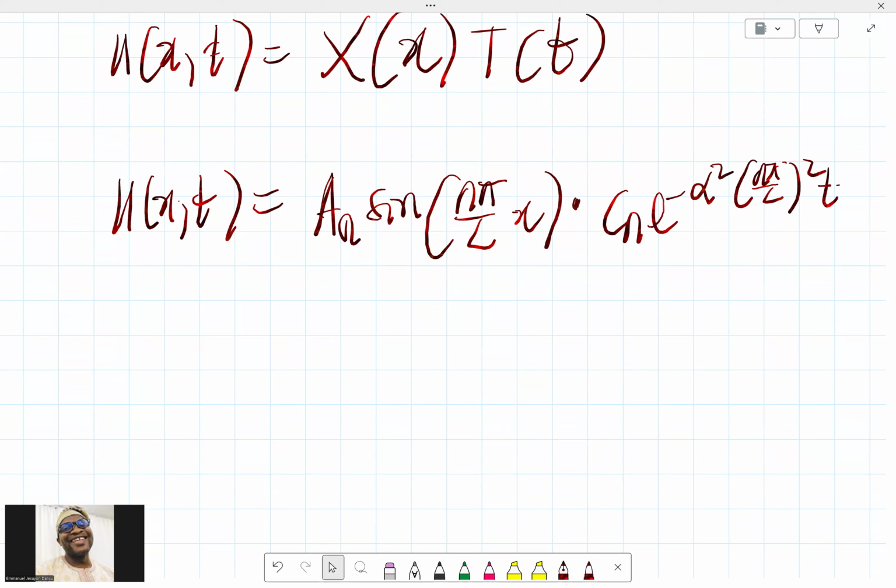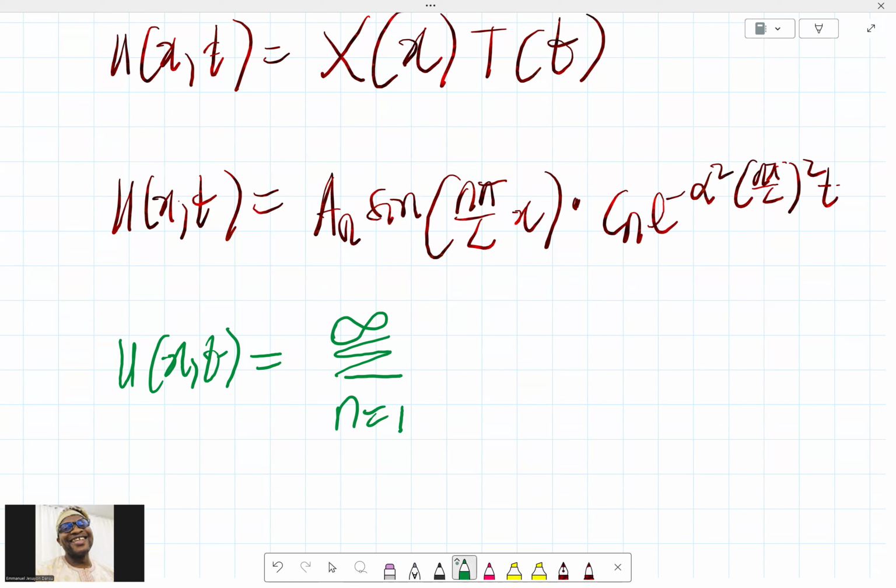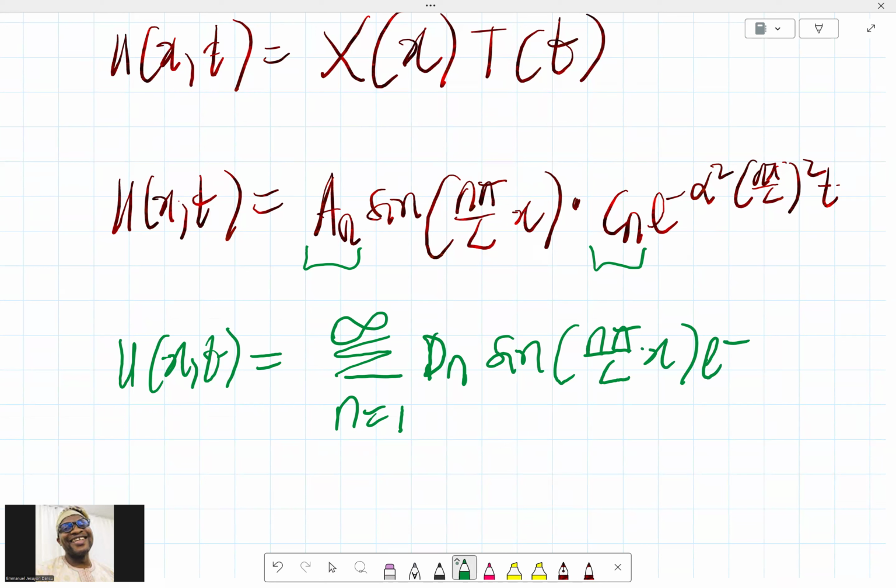But we can put everything together and say we have something like u of x comma t equals summation from n equals 1, that's from superposition now. If we put this whole thing together, let's call everything dn. So we have dn sine n pi over L x e raised to the power minus alpha squared n pi over L squared t.